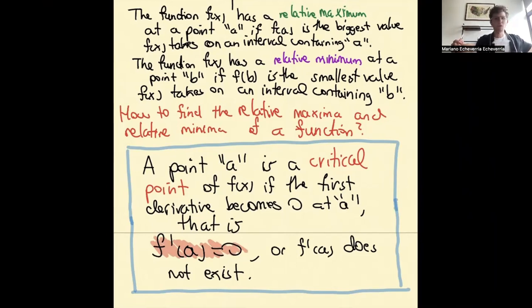Is that making sense? One of the most important things in calculus about a function is finding the critical points of that function, because those are the candidates for max or min.